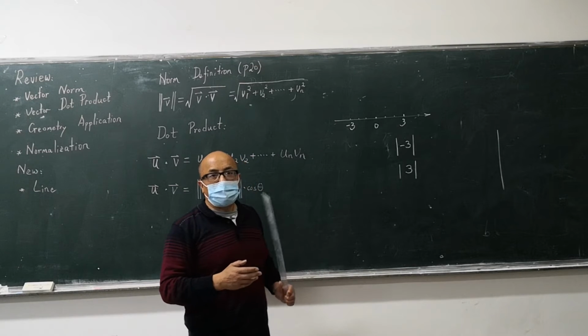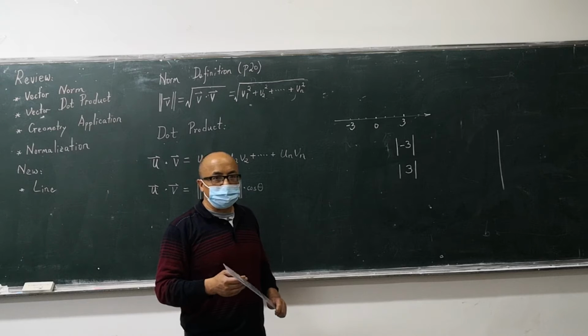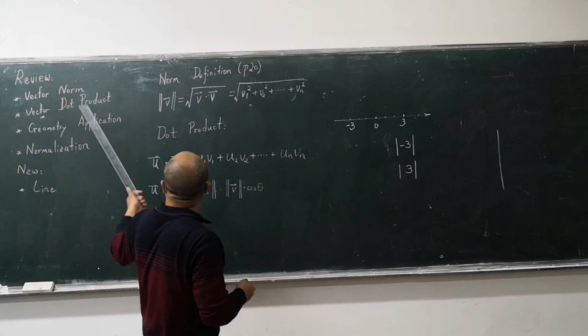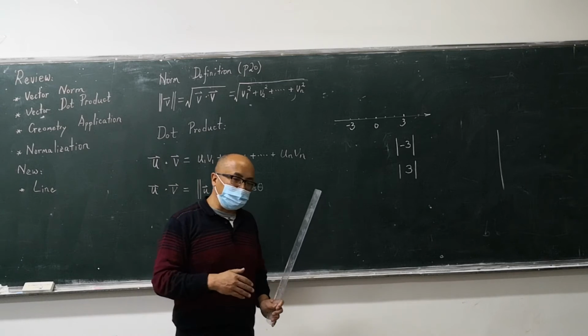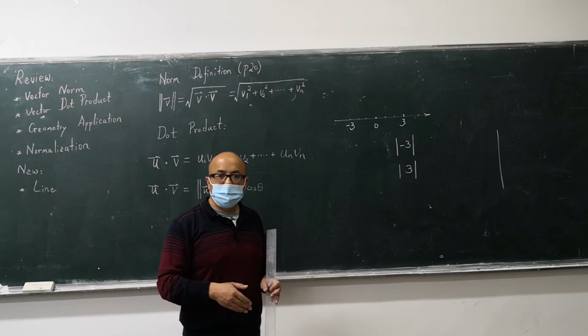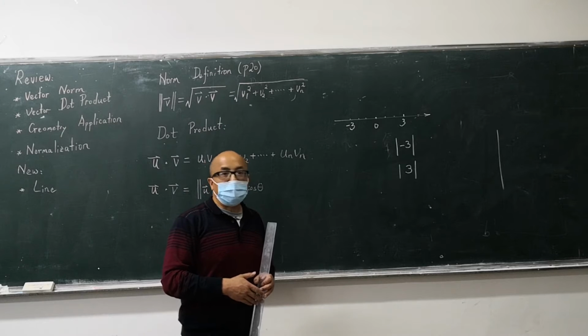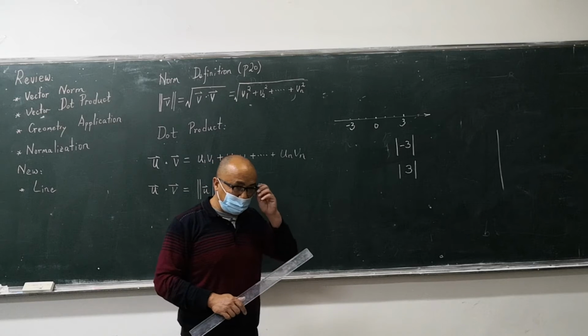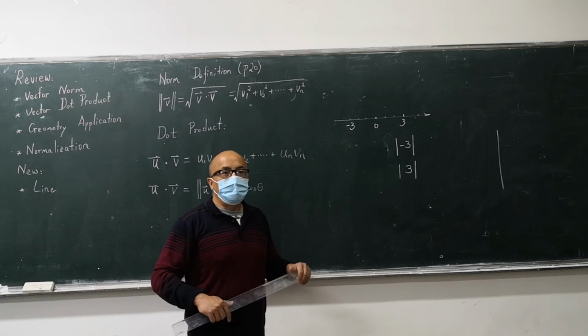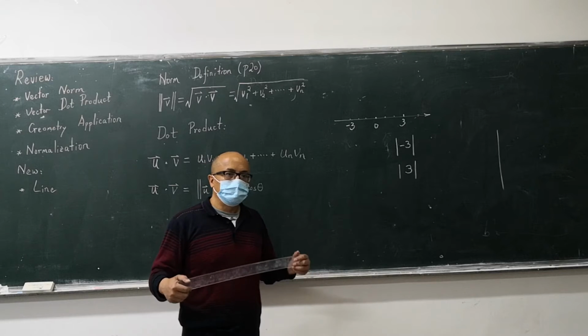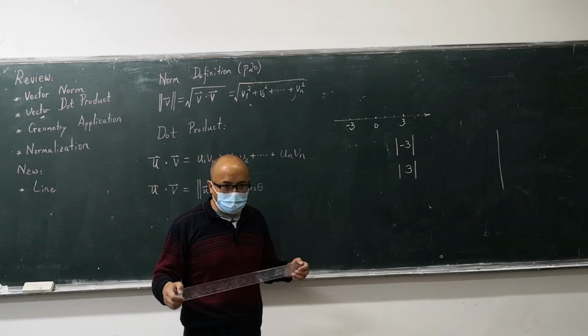It's not just three dimensions. A vector can be 4 dimensions, like we said, 5, 6, 100 dimensions, or even tens of thousands of dimensions.